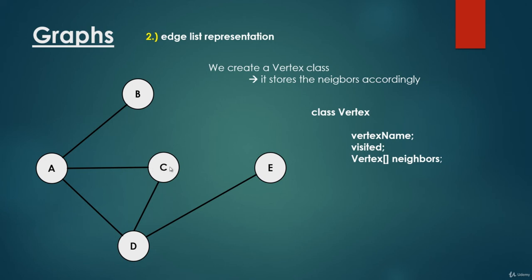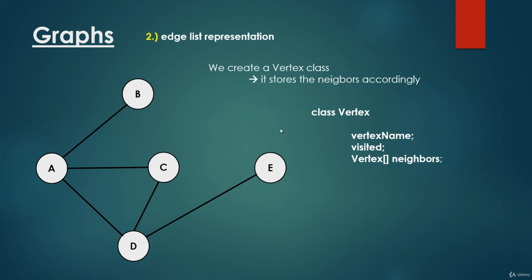C is going to contain two items in the neighbors one-dimensional array, A and D. So basically, we have two options, whether we use adjacency matrices or edge list representation. During the implementation, we are going to use edge list representation because as far as programming is concerned, it's much more straightforward to use objects, and we are going to assign a given object to every single node in the given graph.